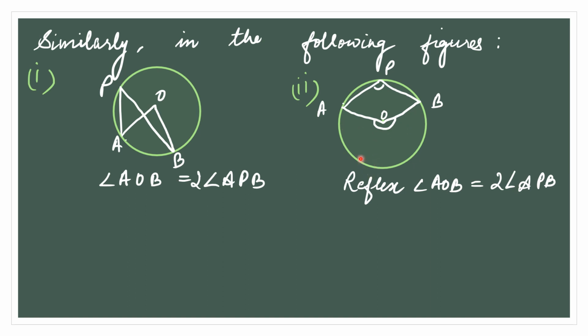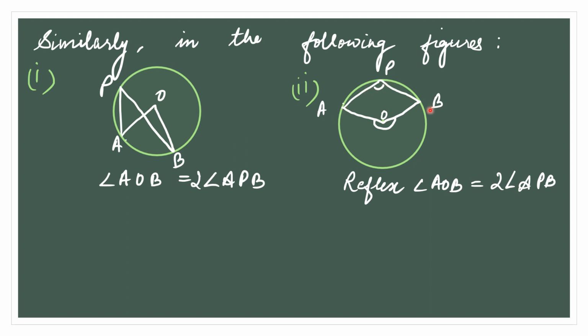And what is the angle subtended by this arc at the center? It will be this side, because this side is for this arc. So this is the angle subtended at the center. Therefore, reflex angle AOB, that is 360 minus angle AOB, is equal to 2 times angle APB.